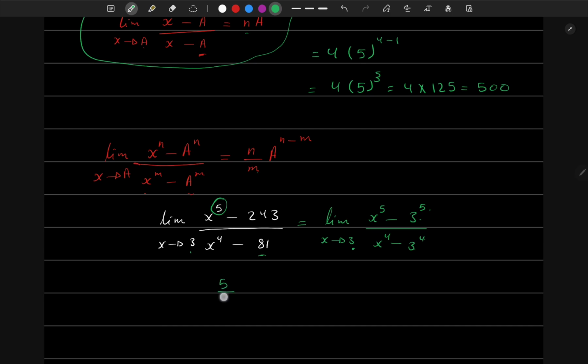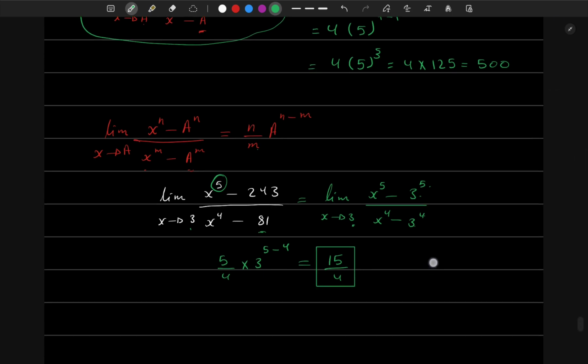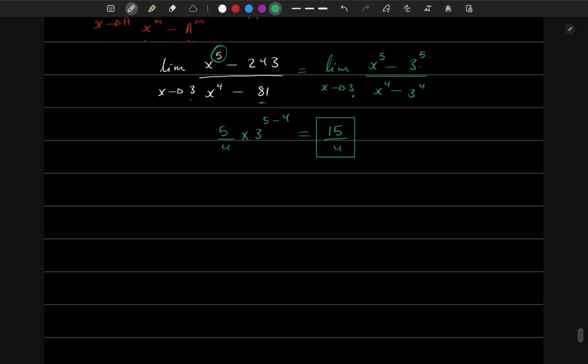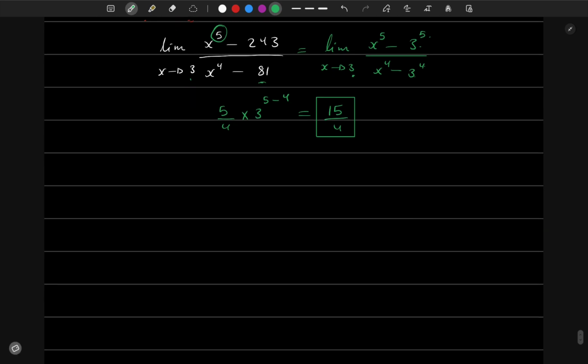So 5 over 4 multiplied by 3 to the power of 5 minus 4, which equals 15 over 4. And that's it for rational functions.